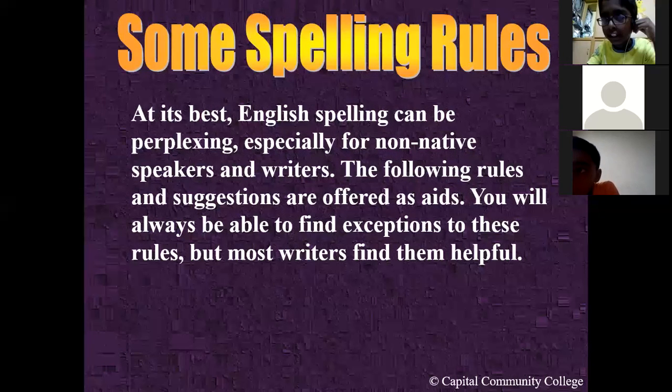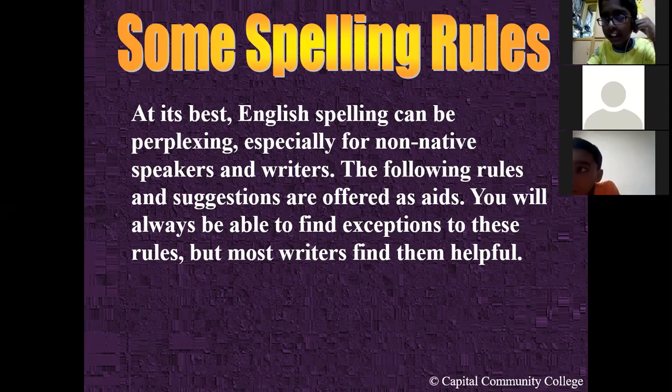But if you follow all the rules and suggestions, you'll always be able to find exceptions to these rules, but most writers find them helpful. So if you practice or learn all the rules and regulations of spelling, you feel very confident and comfortable to write good English or correct English. So that's why we're supposed to know some spelling rules.